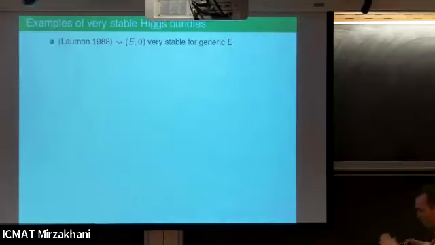So unlike the original very stable bundles of Laumon, which he studied in 1988. He looked at a vector bundle and he called it very stable if the cotangent space to it, that is to say the space of Higgs fields, did not contain a non-zero nilpotent one.